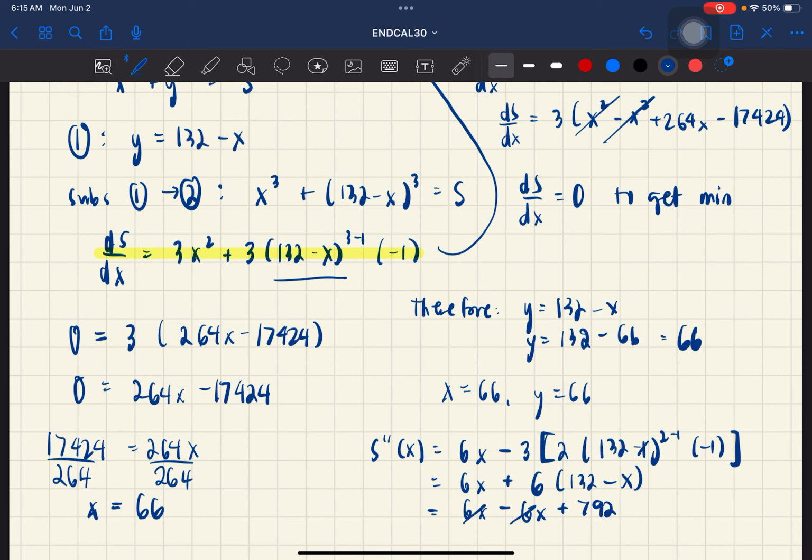This will cancel out. Your second derivative will have a value of 792. So when you put in your critical value 66, you'll end up with the same answer. So since it's greater than 0, then it's a minimum. That verifies our answers.